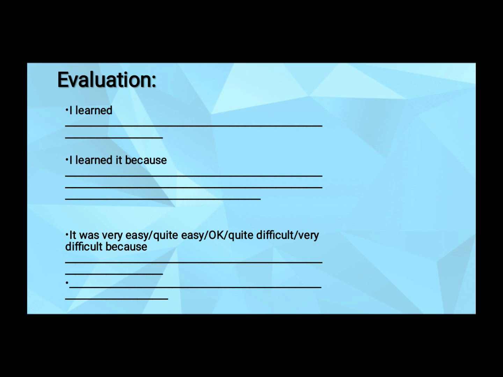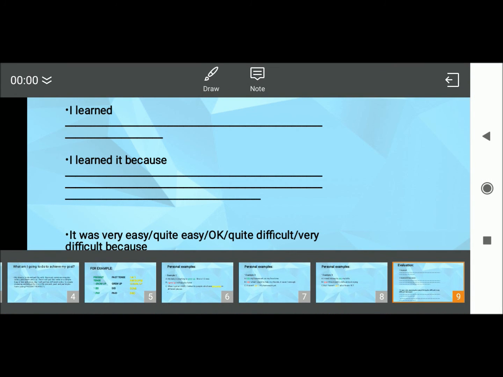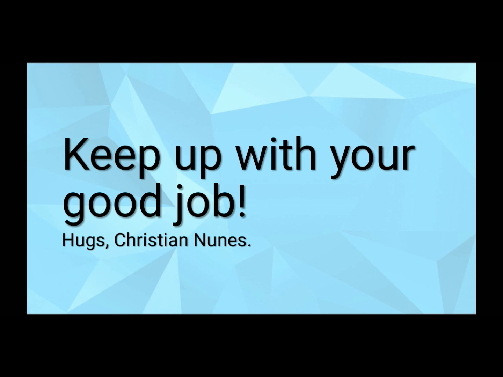And then when you finish all these tasks, you're gonna find out how you probably succeeded in achieving that goal. Okay, so that's the idea, guys. Well, now it's your turn. Try to do this task and keep up the good job.